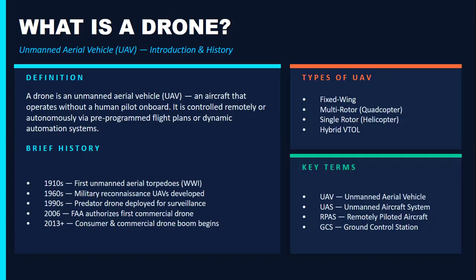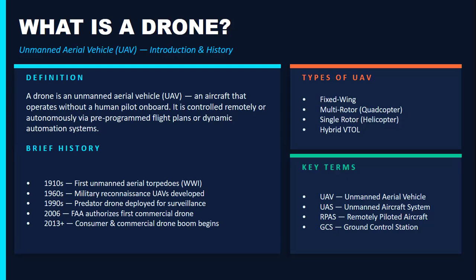The history of drones dates back to the early 19th century when unmanned aerial devices were first used for military operations. Over time, drones evolved from surveillance platforms to powerful tools used in agricultural purposes, geographic mapping, logistics, photography, and many other industries.